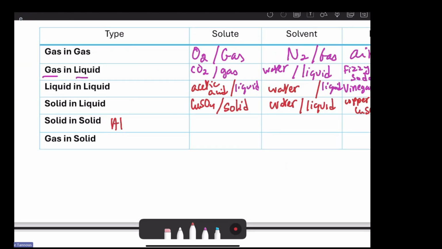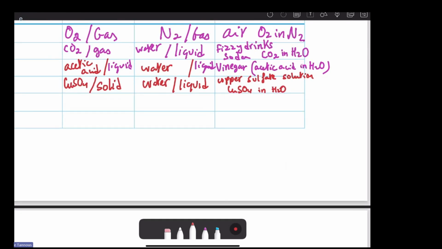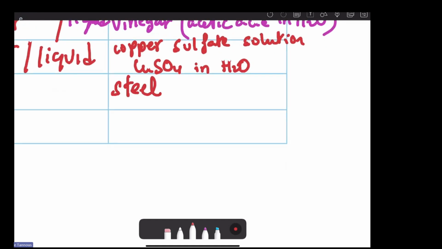Solid in solid. Whenever we say solid in solid, think about alloys: brass, steel, bronze. So let me take an example. Steel, which is made up of iron and carbon. So basically, it is carbon in less quantities in iron. Or brass, another example. The zinc is the one that has less quantity. It's zinc in copper.